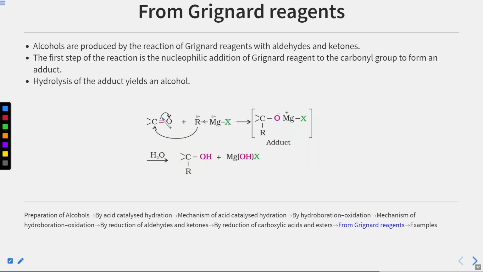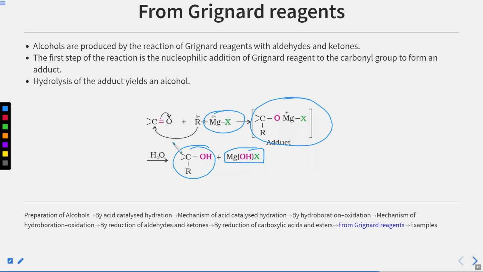Since the pi bond moved to this oxygen, it gets a negative charge, which is stabilized by MgX, because R has taken both of these bonded electrons. Therefore Mg will have a positive charge and this kind of adduct will form. Now you do the hydrolysis of it and you will get this product, okay, plus we get Mg(OH)X.